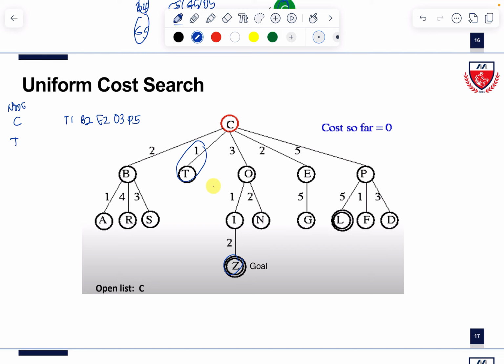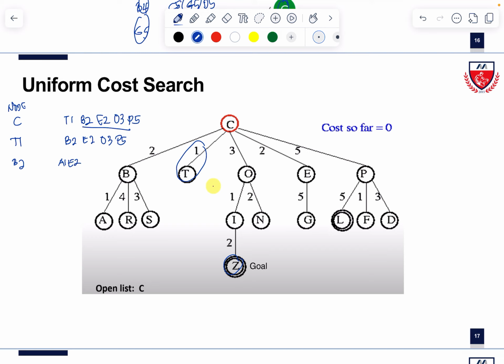Of course, we visit T1 because it's the shortest among the nodes that we have. But T1 does not have any children, and there are unvisited nodes here. So we write B2, E2, O3, P5. Now let's visit B2. B2 has children A, R, S. That's A1, and then E2.